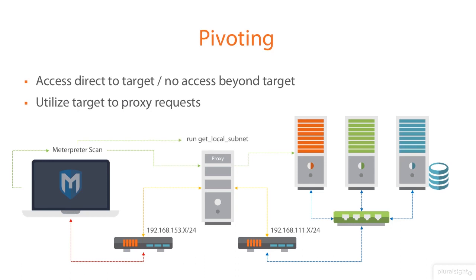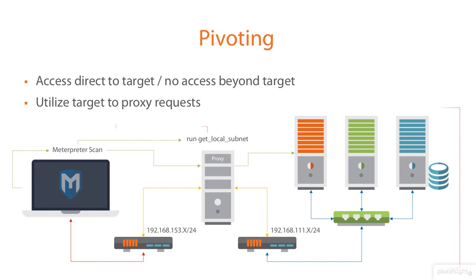So for example, once we have a Meterpreter session to the compromised machine, we can run something called get_local_subnet. And what this will do is run on that compromised machine, looking for the local subnets that local machine has access to.